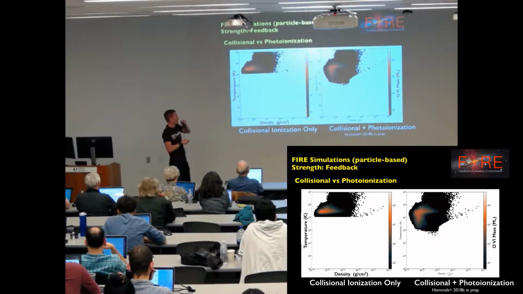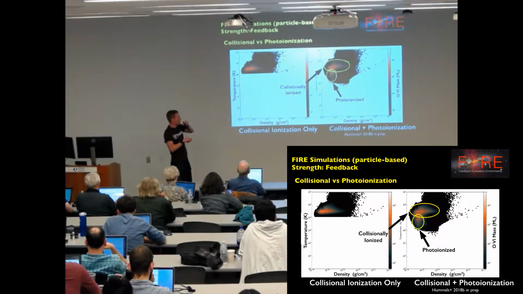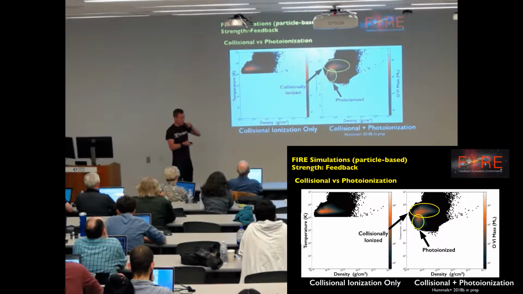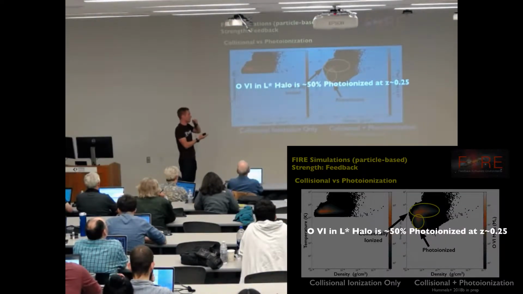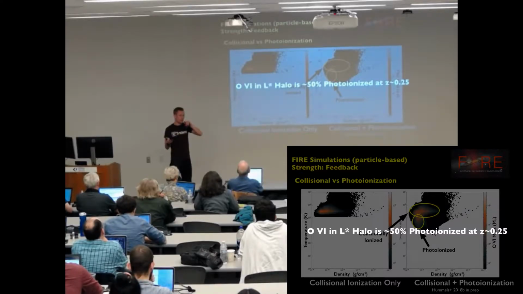And when you look at a phase diagram, essentially what you're seeing is the collisional component sits at 10 to the 5th, and then there's a photoionized component that sits at lower temperatures and low densities. And it's primarily in the outskirts of the halo, but effectively what it means is that at least in the FIRE simulations, about 50% of the gas is in photoionized form and 50% is in a collisionally ionized component, which is, I don't know, it surprised me. I figured more would be in collisional.